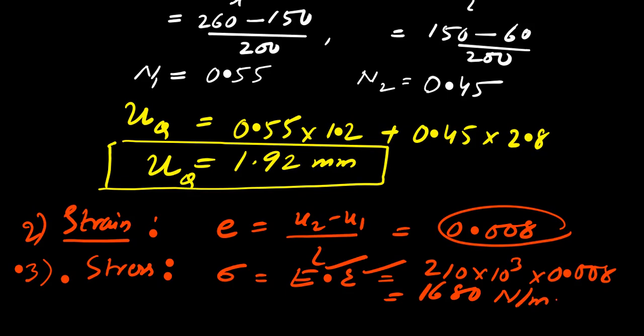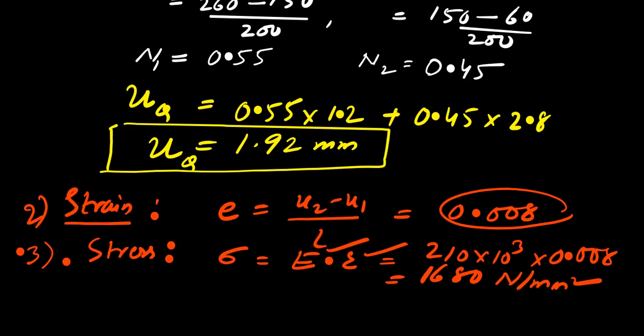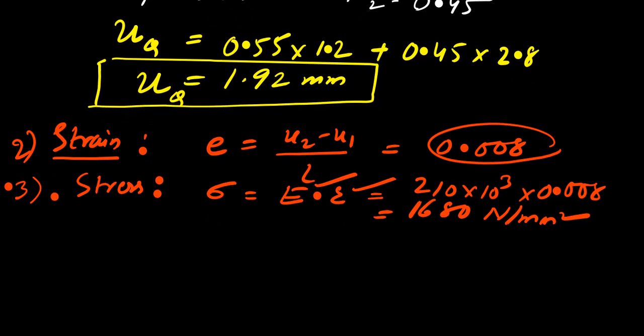Right, now again we can calculate the strain energy. I will write the formula, you just substitute in this case. So what is the formula to calculate the strain energy?